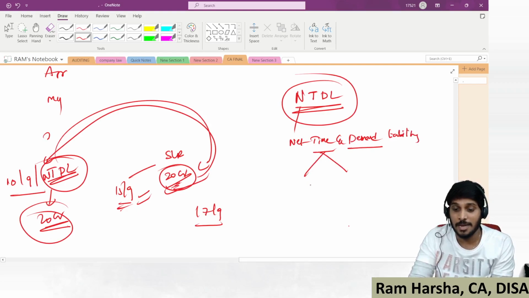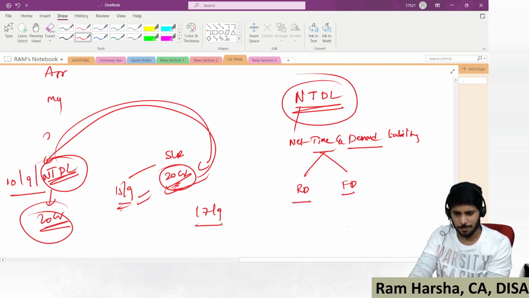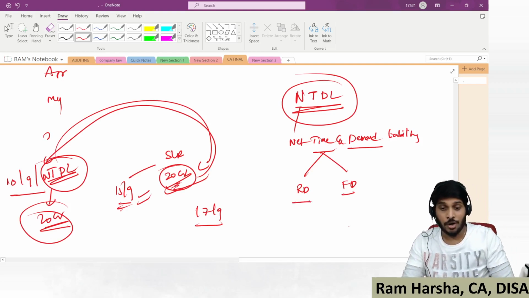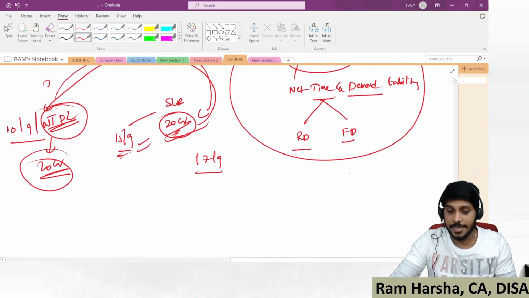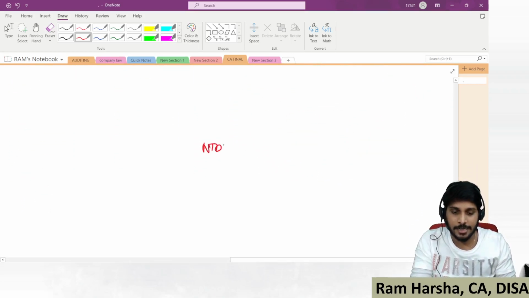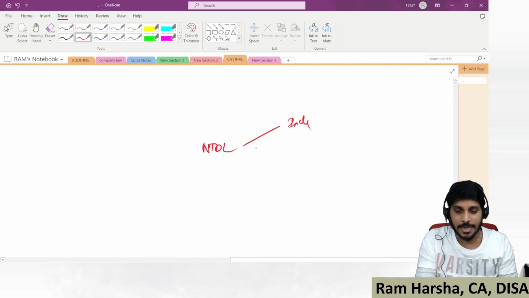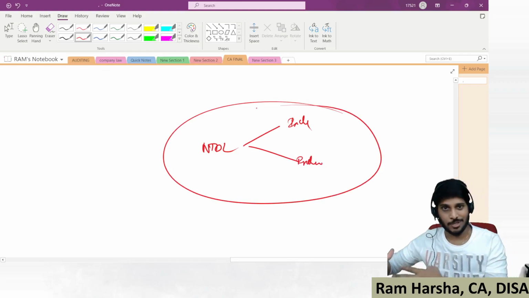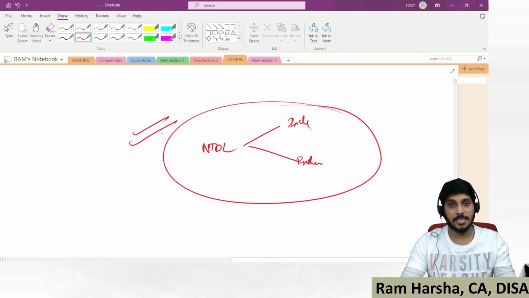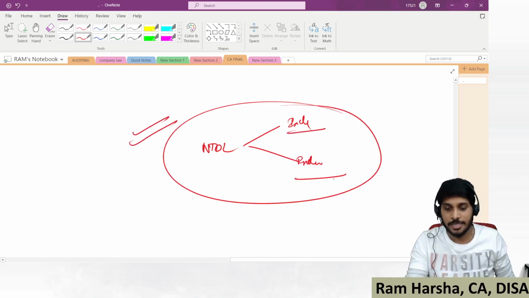Remember, time deposits include recurring deposits and fixed deposits. Both are included in time deposits. So how to calculate this NTDL? What does this NTDL include, and what does it exclude? This is also covered in the question. This itself may be asked in the exam.